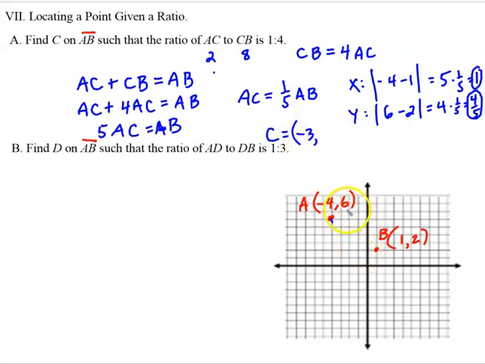Now this is a little tricky because to get from this point A to this point B, traveling on the y-axis, we're actually going down. And to go downward, that implies subtraction. Okay, so if you wanted to change this to decimal form, you could. 4/5 as a decimal is 0.8.